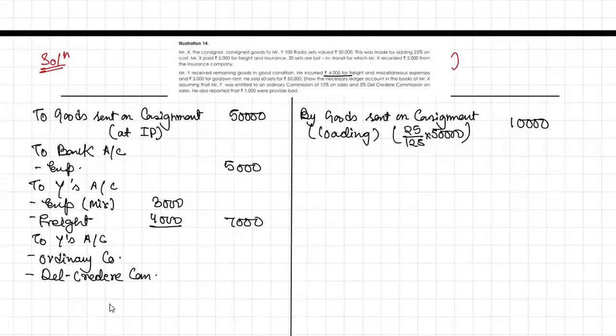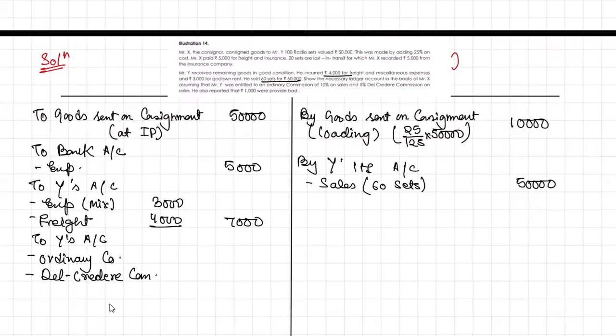Now see, we'll record sales entry, 60 sets for 50,000. By Y Limited account, sale 60 sets at 50,000. What more can you find out?